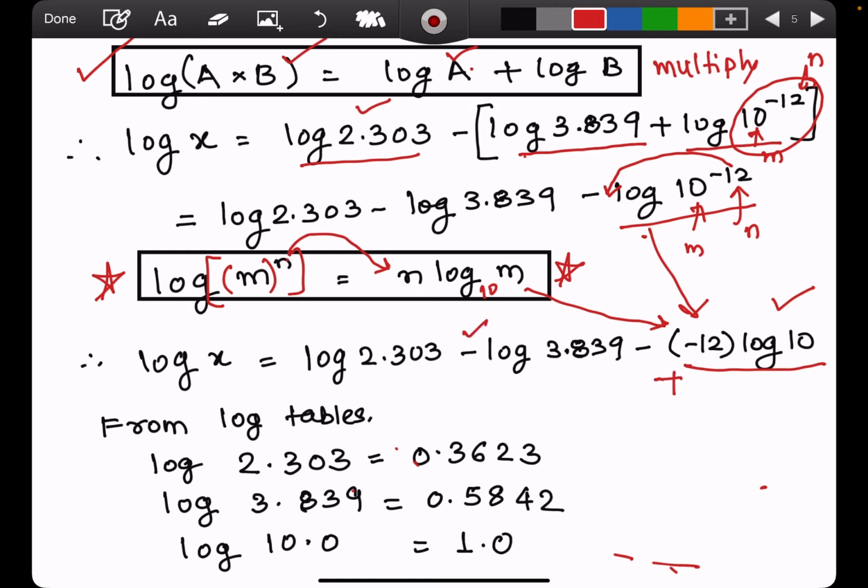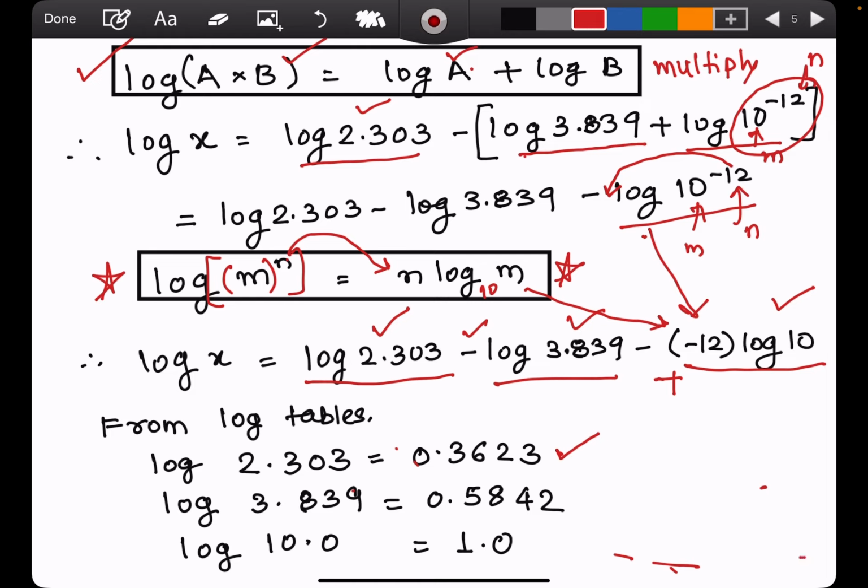So what you need to do is get this term from the log table, minus this term from the log table, plus 12 times log of 10. Now from the log tables, I'll show you how, but log of 2.303 comes as 0.3623.